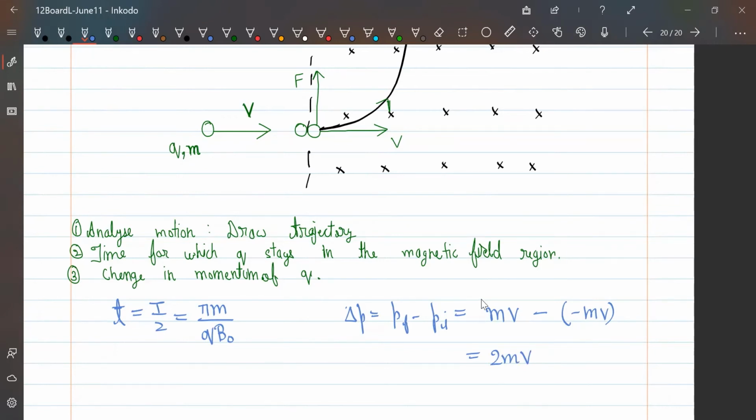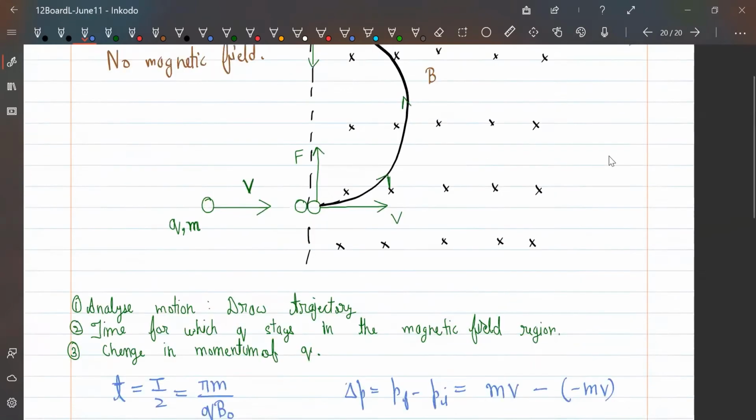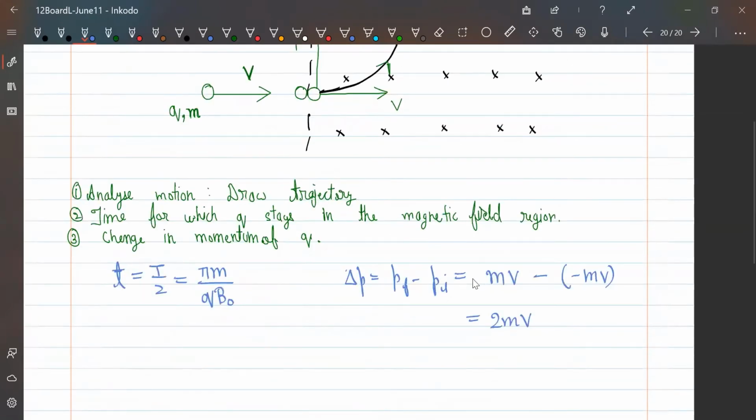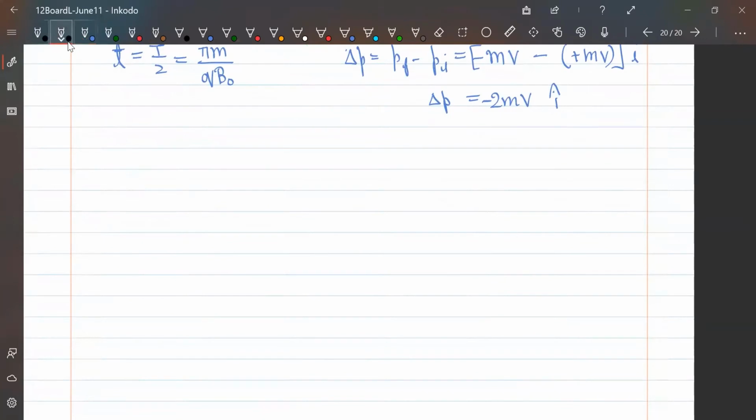Or if you want to write the direction, then if you take this forward direction as x, this will be minus mv minus plus mv i cap. So minus 2 mv i cap. That will be the change in momentum. Okay, next question.